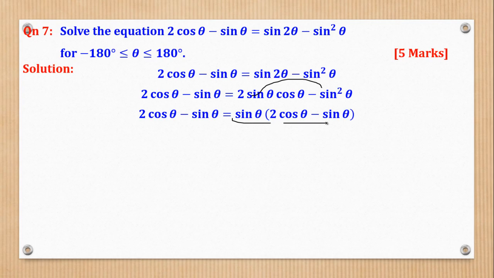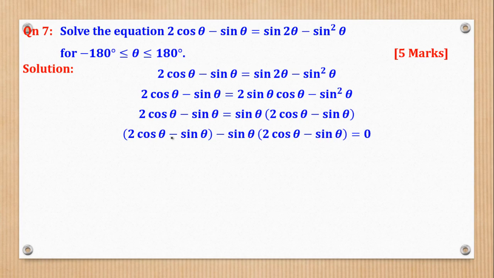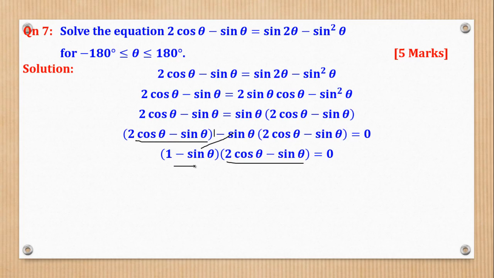So pull it out to come up with that. So here we don't cancel. Then from there I realize something. Do you see this and this? They are the same, but we don't cancel, we factorize. That's why I brought the whole of this side to come up with this expression. And I can factorize. This is here. Here I remain with 1. Here I remain with sin theta to give you this.